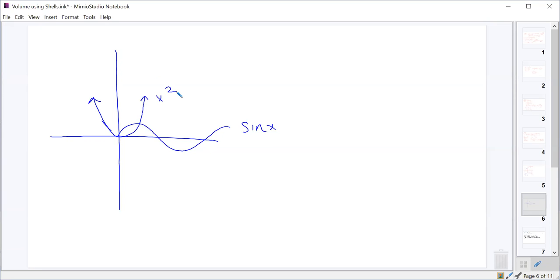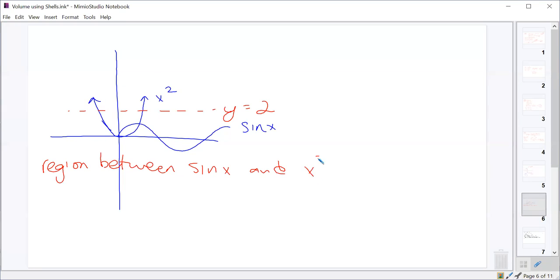There's only one region between them, right? And we're going to take that and revolve it around the line y equals 2. That's going to be our plan. So the region between sine x and x squared, and we're going to go around y equals 2. Sound good to everybody? We want to find the volume of that irregularly shaped solid.